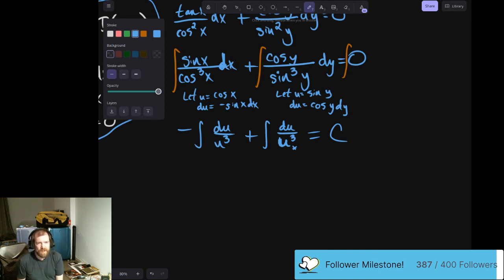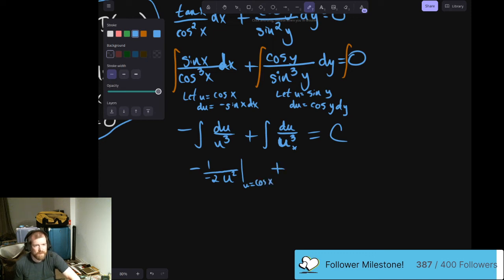Alright, so here we're going to get a negative. We're going to go up 1, so it's a negative 2 for our exponent, and we're going to divide by negative 2 as well. U squared at the bottom, again given that u is equal to cosine of x.